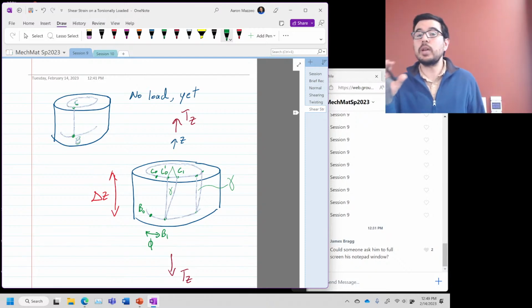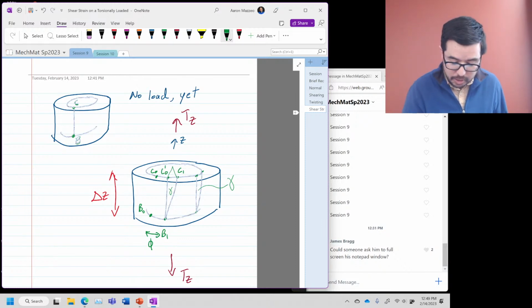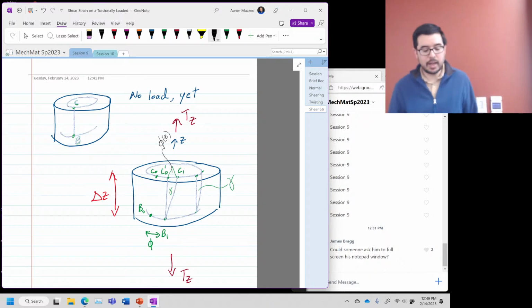This shear strain, this gamma that we're seeing, it's related to the angle of twist, to the phi, all right? So what we're actually saying here is that in this region right here, on the top, there's some phi, okay?